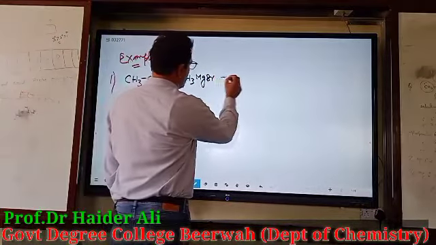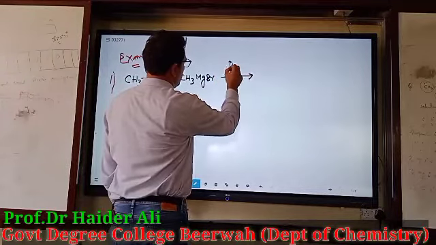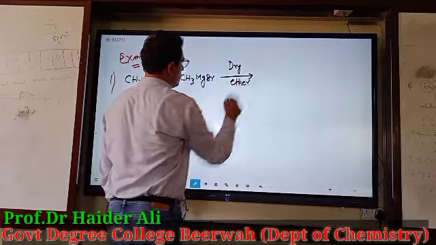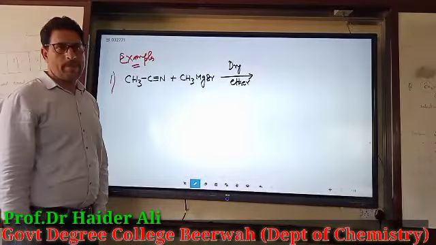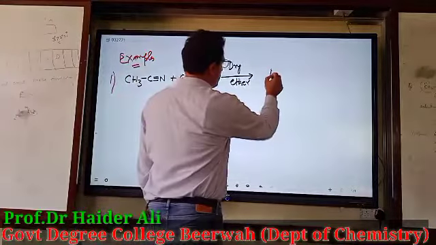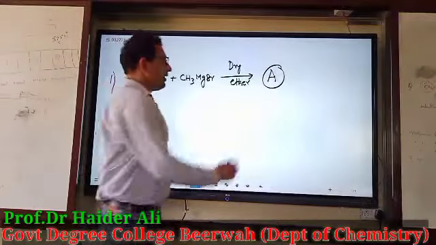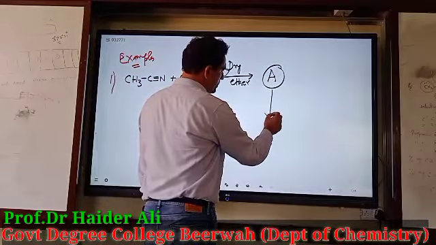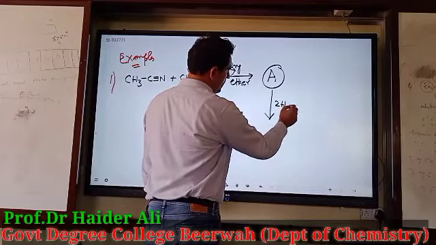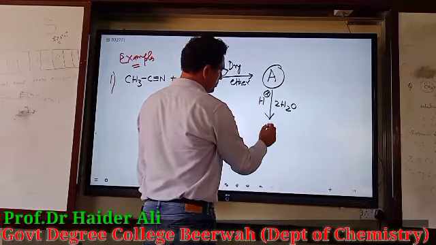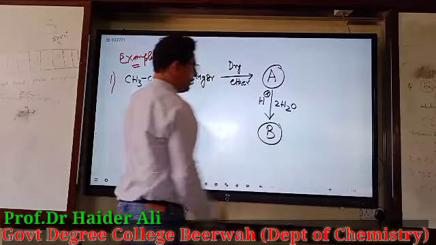If we made them react together in dry ether, okay? You will get product A. And A on hydrolysis in 2 steps under acidic conditions gives B. So you have to give product A and B.